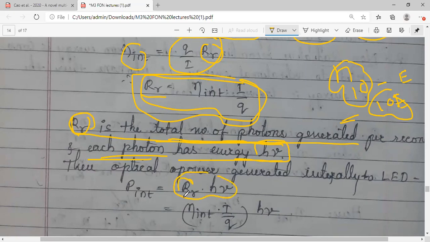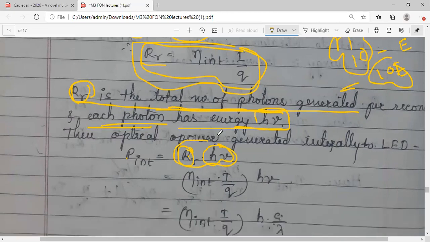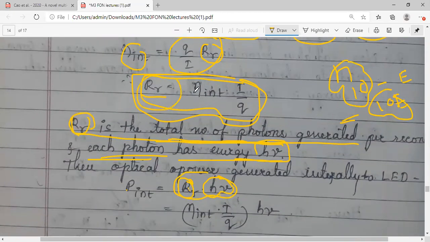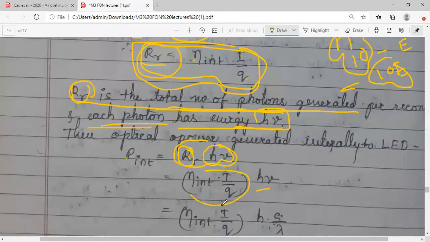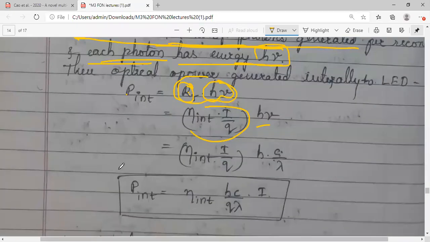How many photons are generated, and what is the energy of each photon, because P equals E by T, right? And RR is the recombination rate. So P internal is equal to RR into h mu, or RR I'm substituting as efficiency into I by Q. Substitute that and just rearrange the terms.